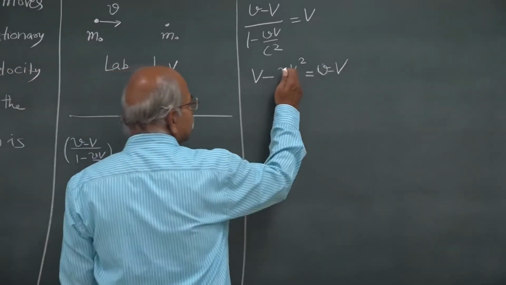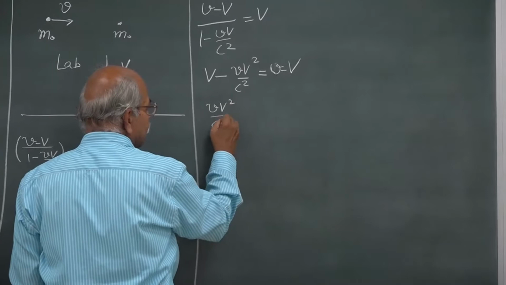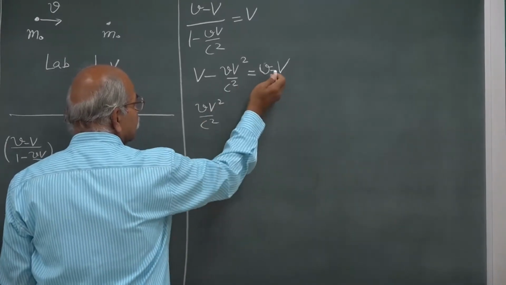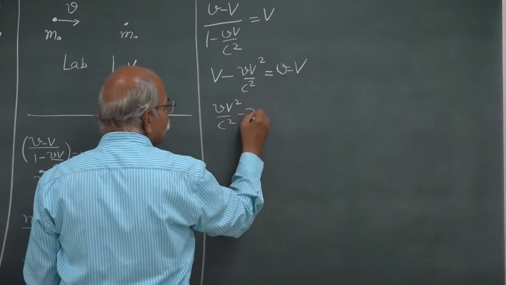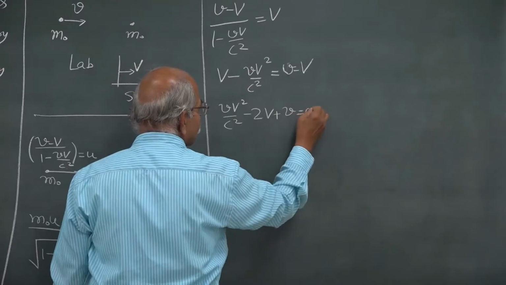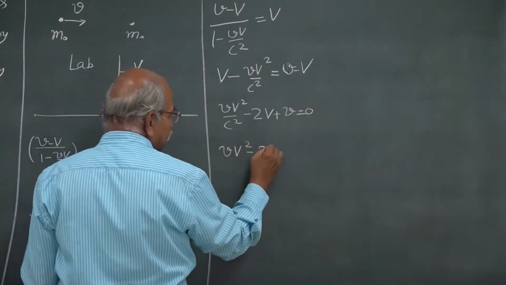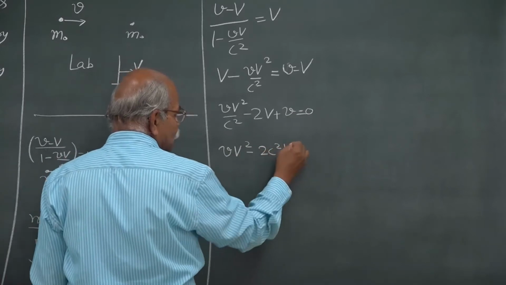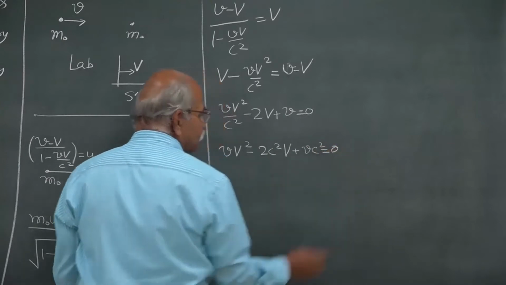This becomes positive, v capital V square by c square, then this v comes here, so it will be minus 2v, and plus small v, equal to 0. Or v capital V square minus 2c square into V plus v c square is equal to 0.